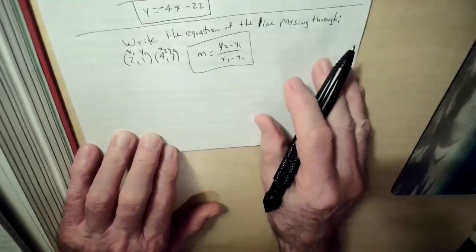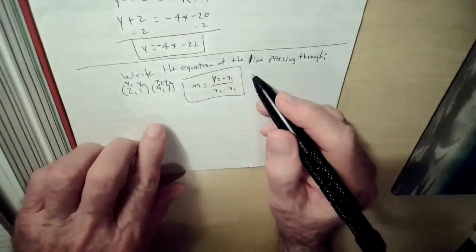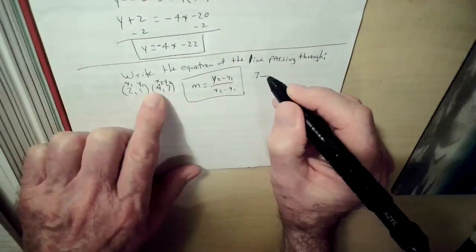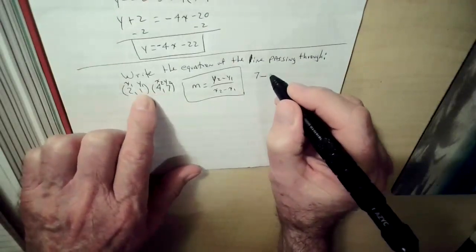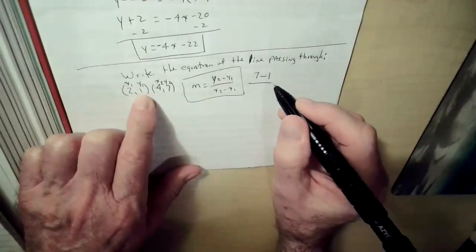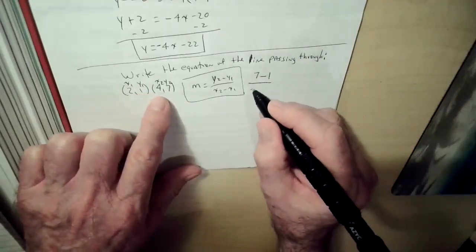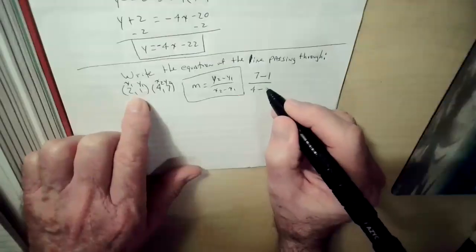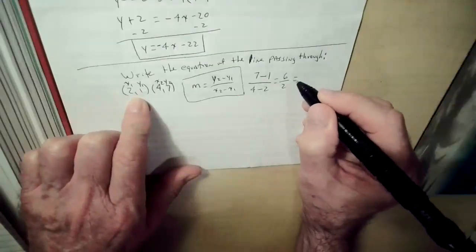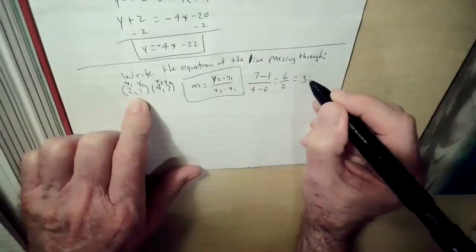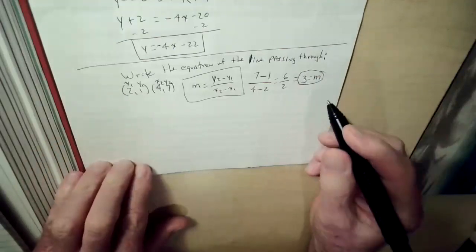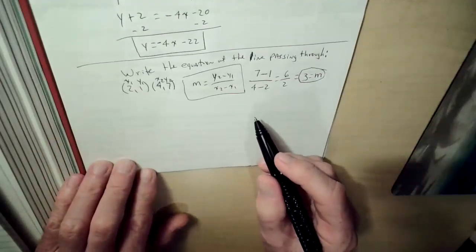This is the second coordinate, so we're going to call it x2 and y2. Now plug in the numbers you know and do the arithmetic. Y2 is 7. We get 7 minus 1. Y1 is 1. Over x2 is 4 minus 2. So we get 6 over 2, which is 3. And that's our slope.